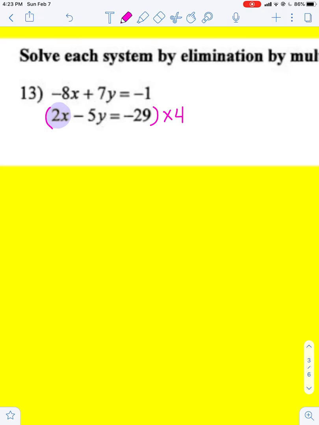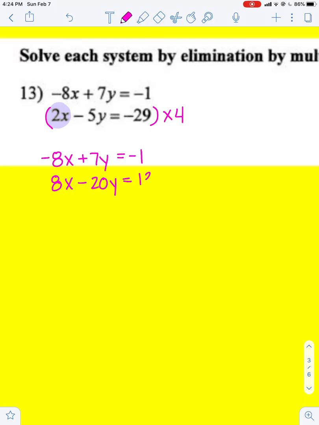And my new system, this first line stays the same because I didn't multiply it. And then I'll have 8x minus 20y is equal to 136.